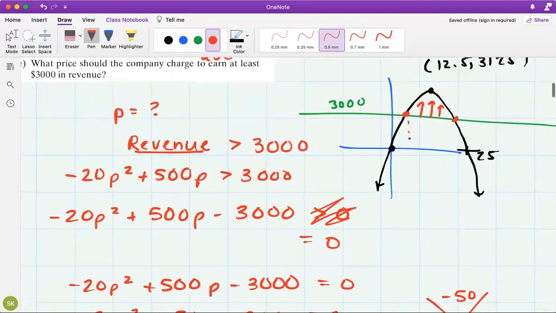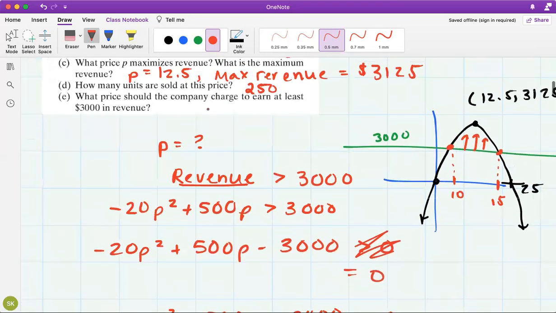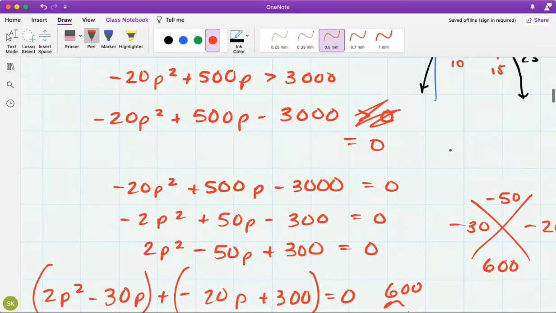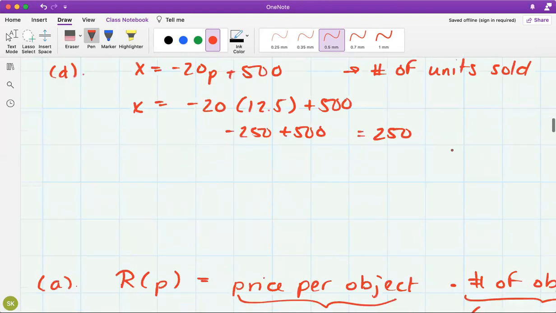Which tells us that between 10, which is right here, and 15, which is right here, we're bigger than 3,000. So our answer is anything from $10 to $15, but not including 10 and 15, because that's when we're equal to 3,000. All right, let's move on.